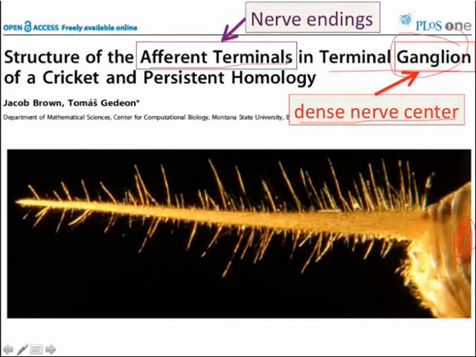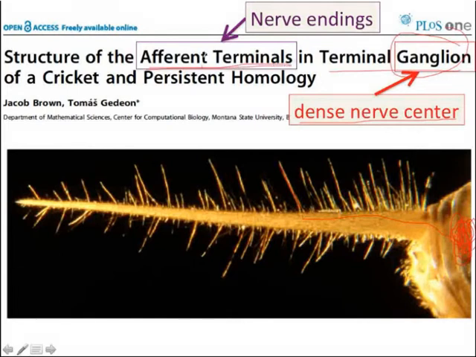Afferent terminals are, so you've got these hairs, they're connected to these nerves, which then go into the ganglion, the terminal ganglion over here, and so these are just nerve endings right here, these afferent terminals.